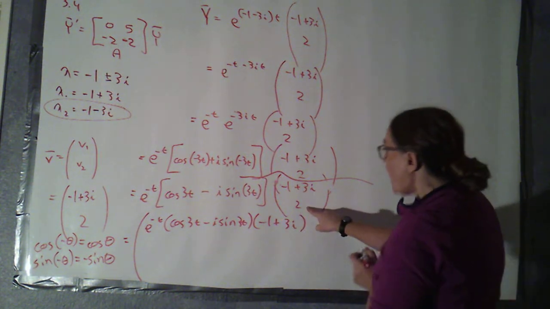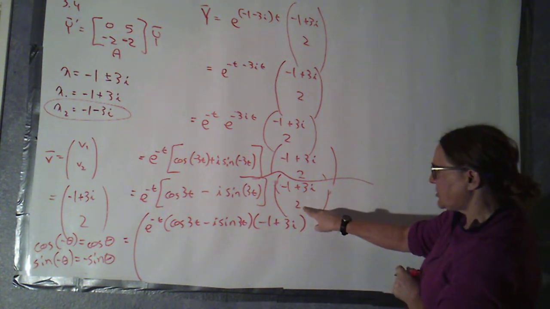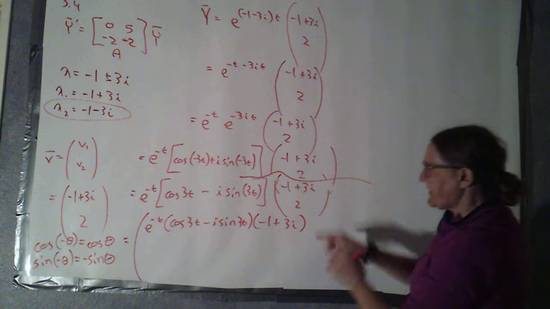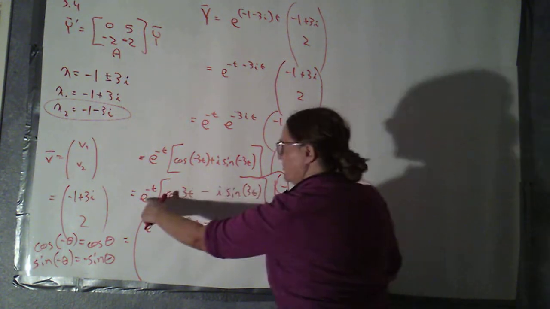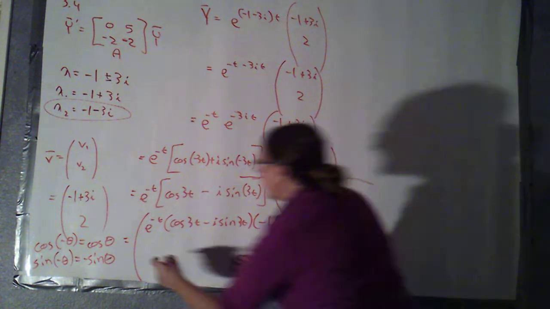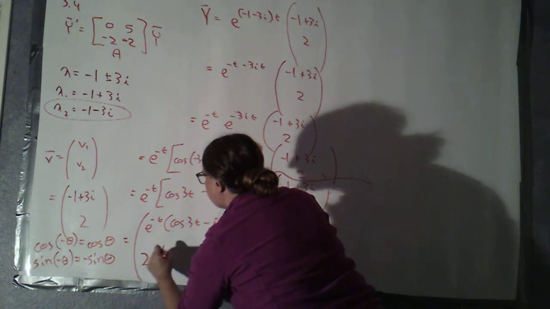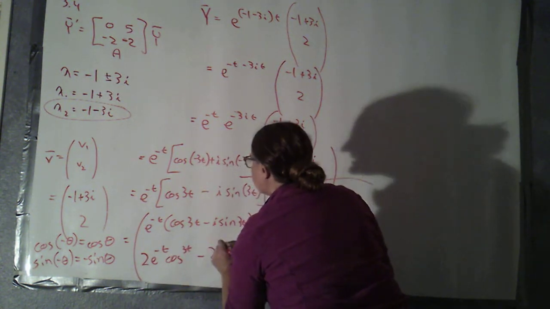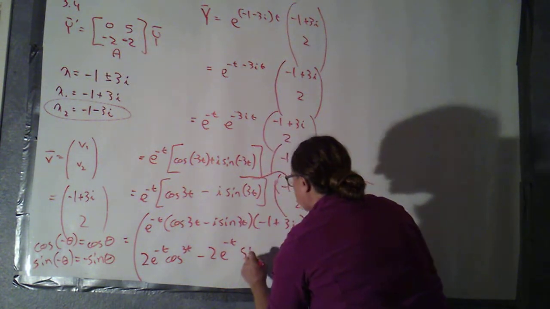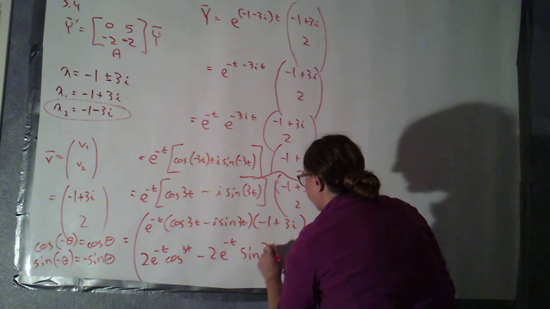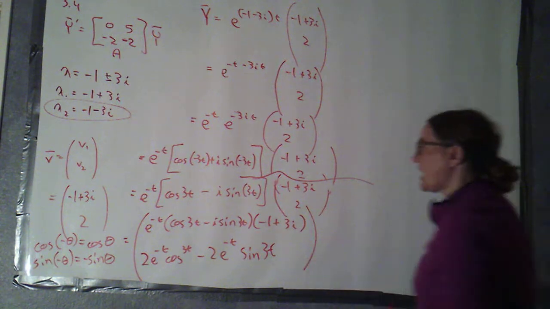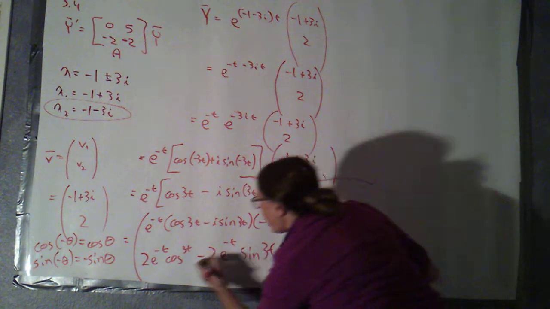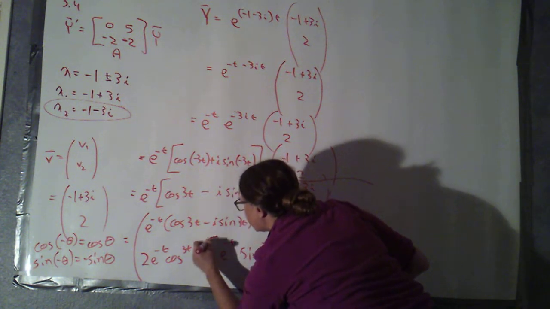And then on bottom, it's a little bit simpler because I'm really just distributing a 2. So on the bottom, I'm going to distribute the 2 and the e to the negative t to each part. So I'm going to have 2e to the negative t cosine 3t minus 2e to the negative t sine of 3t times an i. Sorry, I dropped the i.